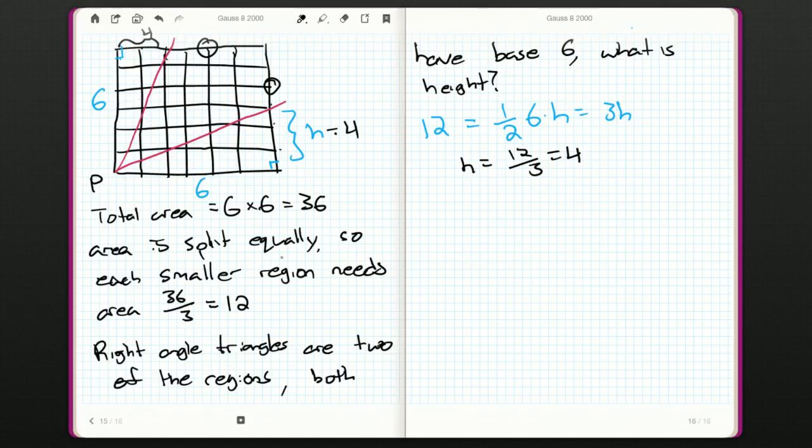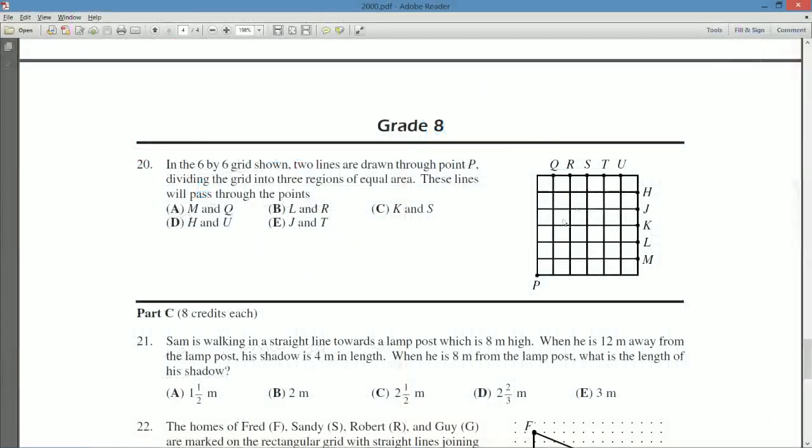All right. So now we count. Height of 1, height of 2, height of 3. So we're going to pass through J. And only one of the answers has J in it. So it's going to be J and T, but let's just double check. Height of 1, height of 2, height of 3, and finally height of 4.